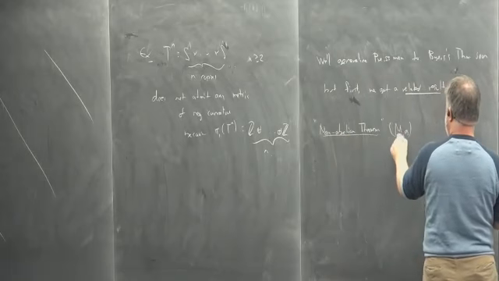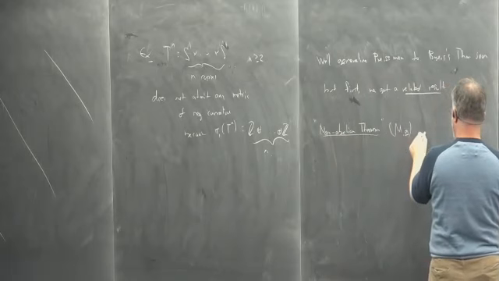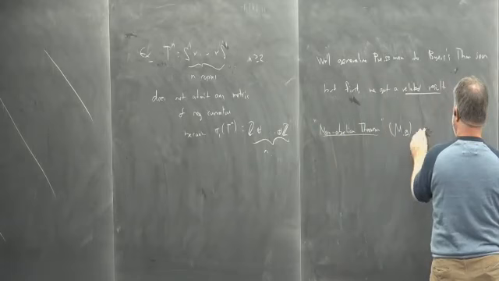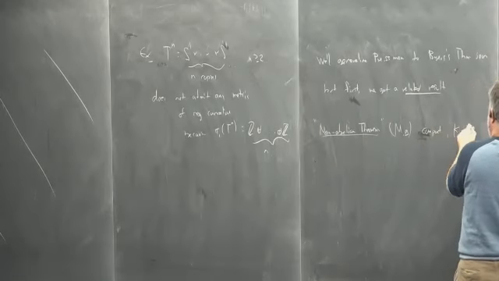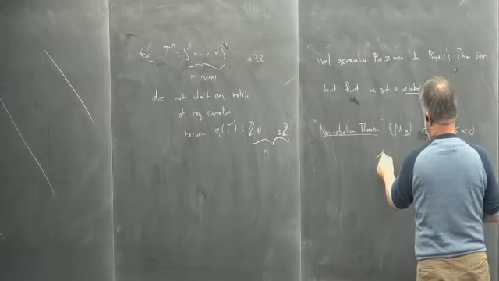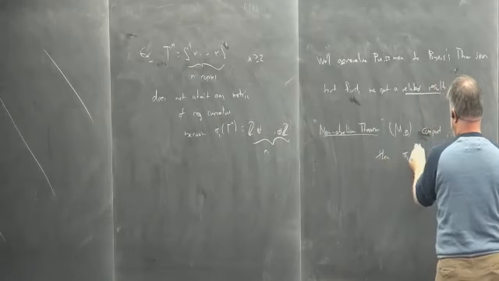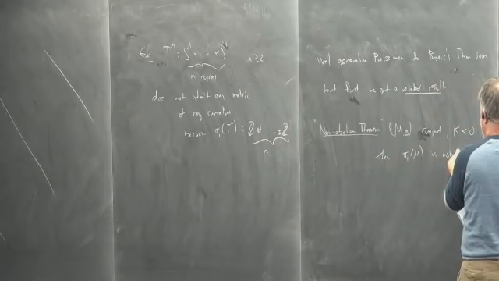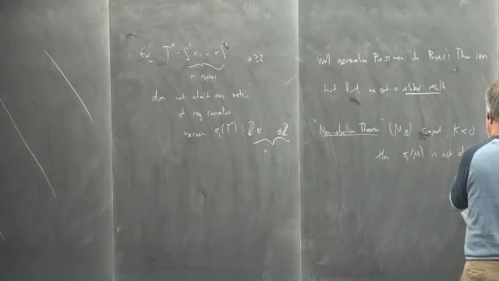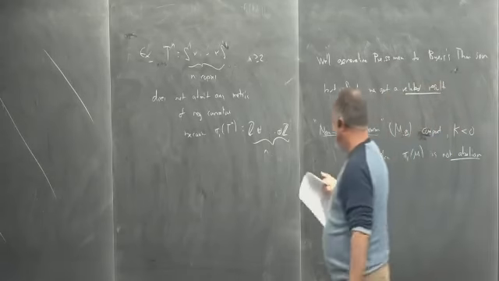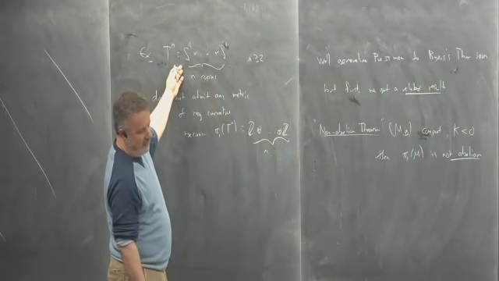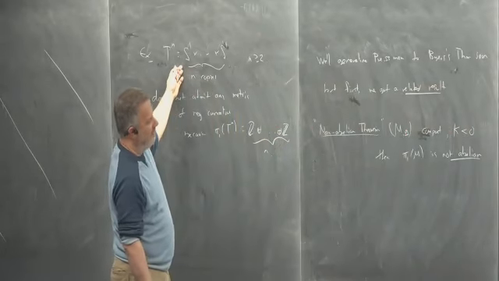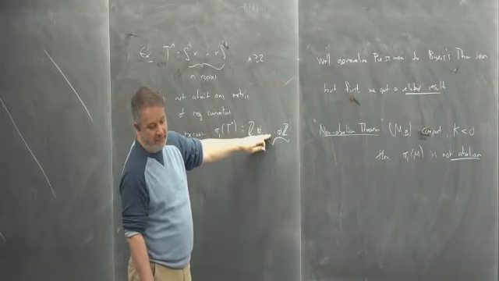So, M compact with K negative, then pi_1 is not abelian. Once we have this theorem, it's even faster to show that the torus can't have a metric of negative curvature because its fundamental group is abelian.